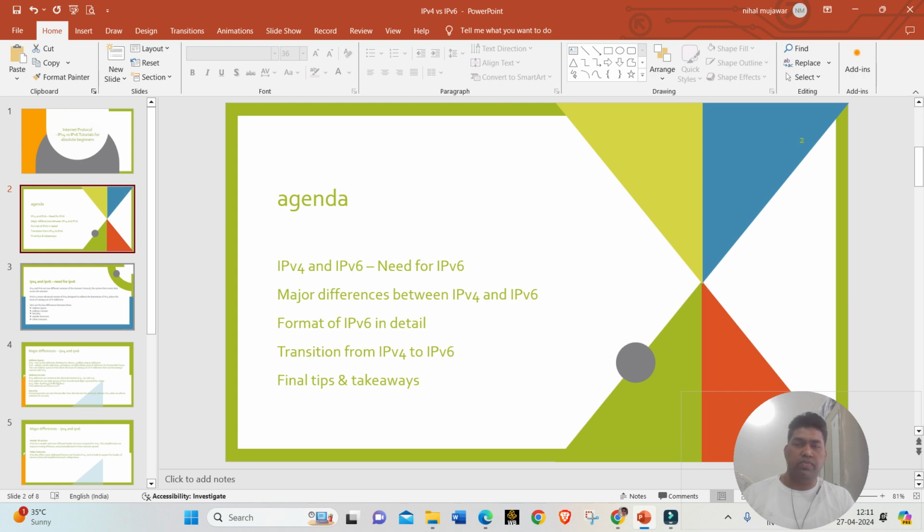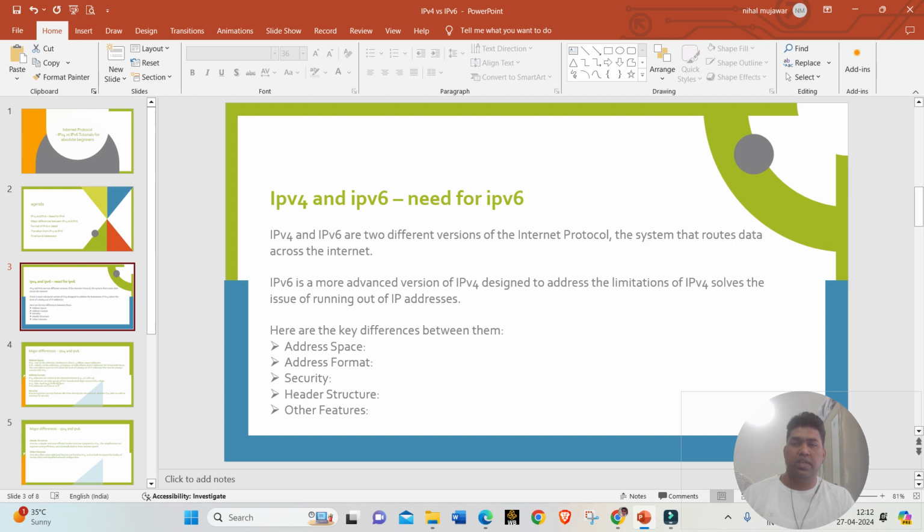Now, without wasting our time, let's get started. The very first thing is, what are IPv4 and IPv6? They are two different versions of Internet Protocol. IPv4 is being used commonly, everywhere, and there is a need to switch from IPv4 to IPv6.